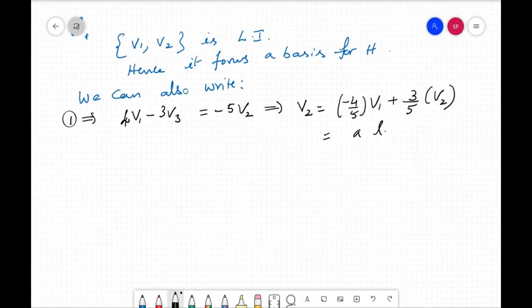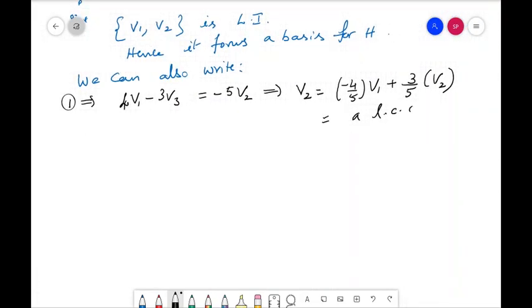It is a linear combination of v1 and v3.